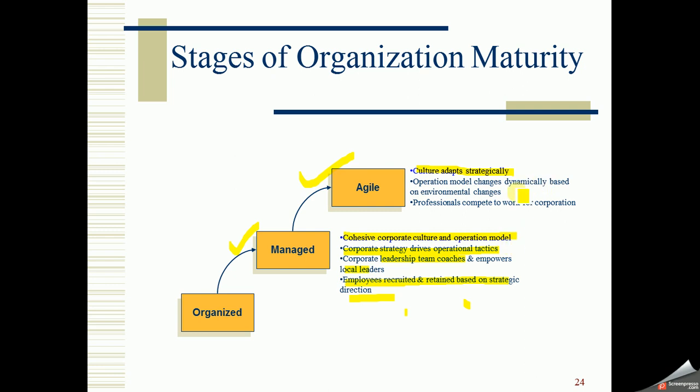We have a stable culture and it also adapts based on new strategic demands that need changes in the organization. The operation model changes dynamically, so we have ways to optimize, and there is some kind of change management also. Whenever there is any change, the organizational culture will also adapt according to these changes.